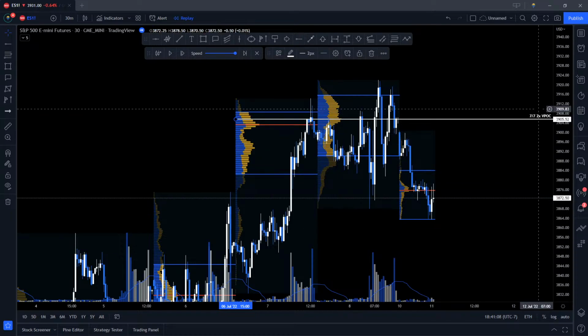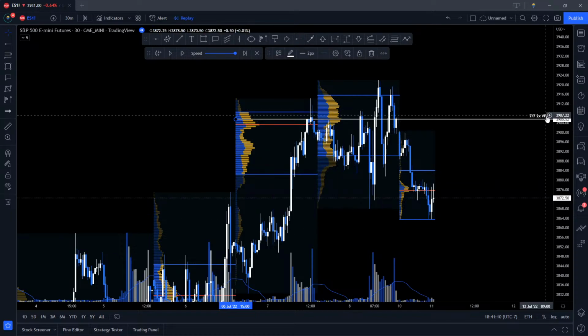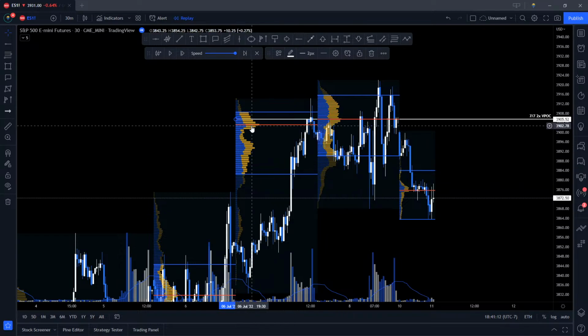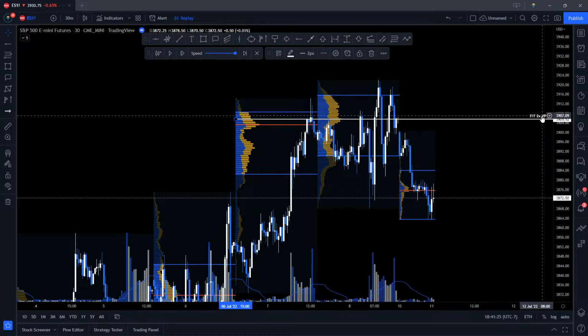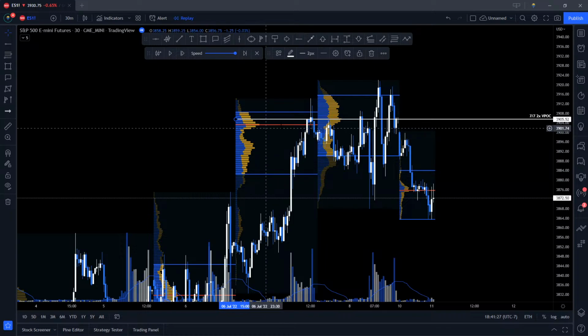And then obviously, I can't have two Virgin POCs because for a POC to be on top of another day, it has to have been touched. So I know when I put 2x here, it means that I have a POC that's basically right next to my Virgin POC right after.